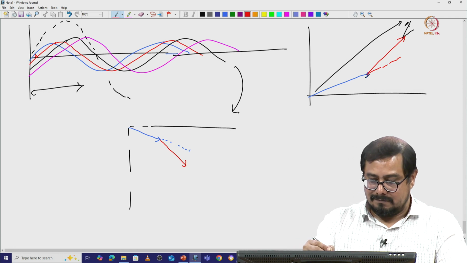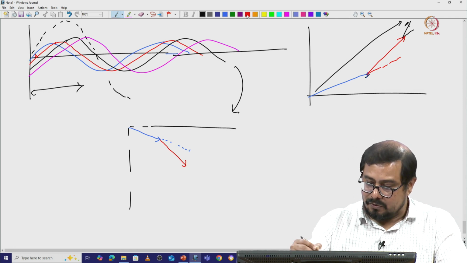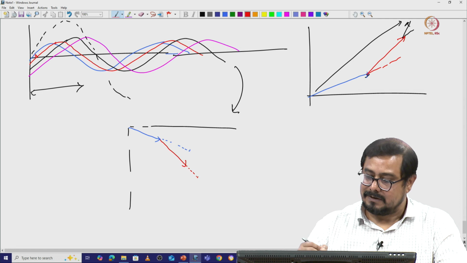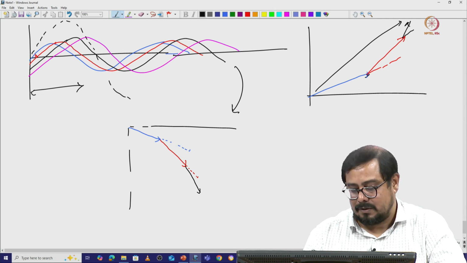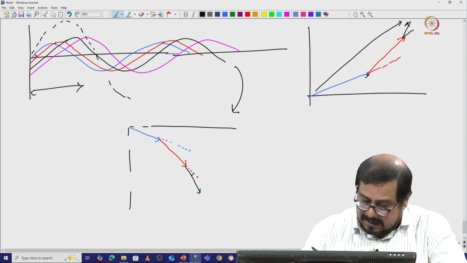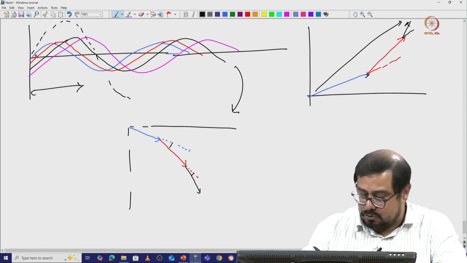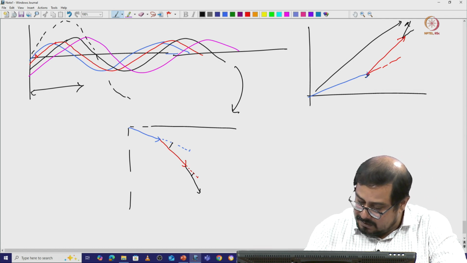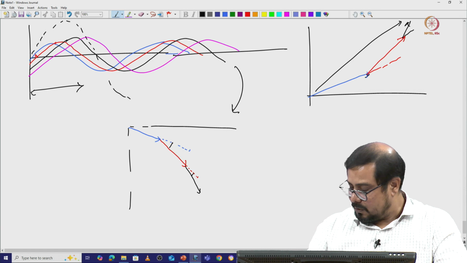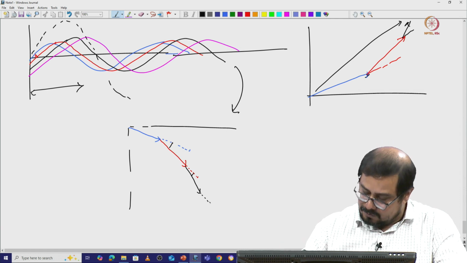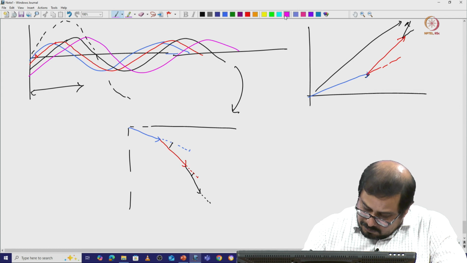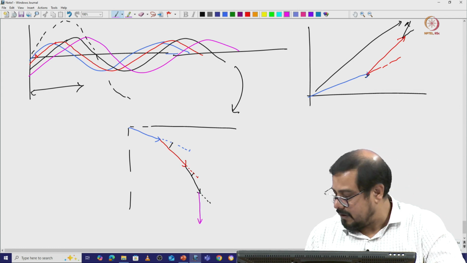Then black. From red we will just continue. Then this black comes into the picture. Okay. This is the angle difference between the first wave, the blue, and red, then red and black. Then when this is done, the pink is coming. So, black, if we draw the dotted line, this will be my final one.